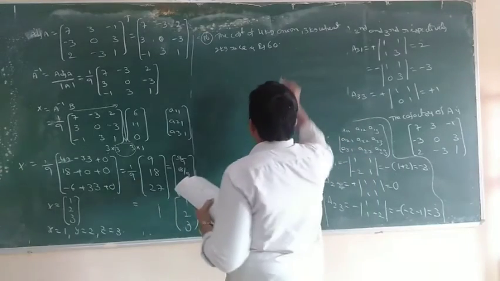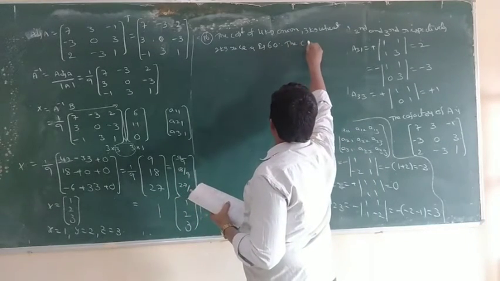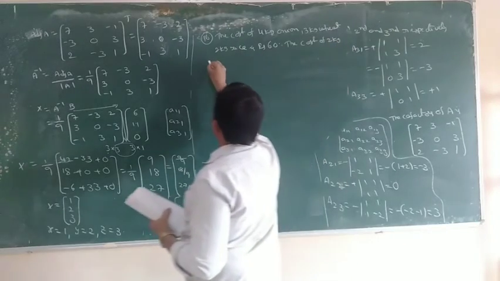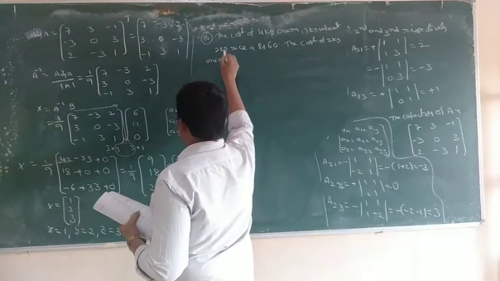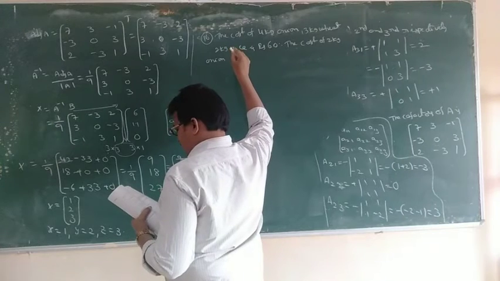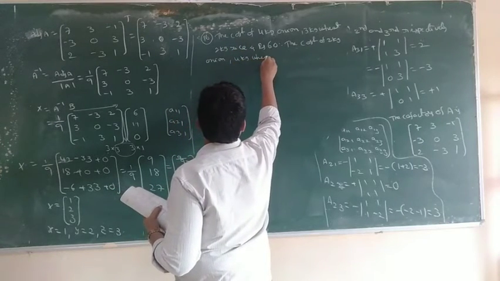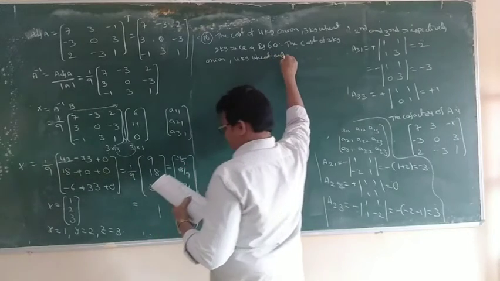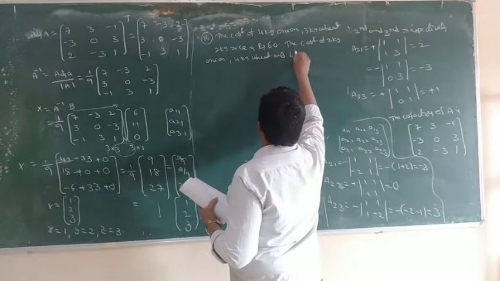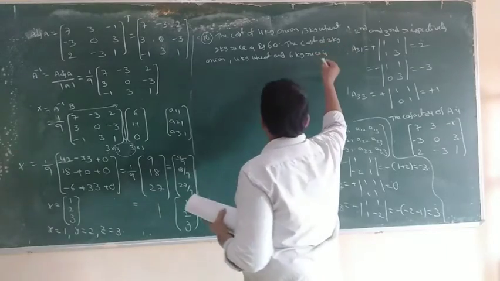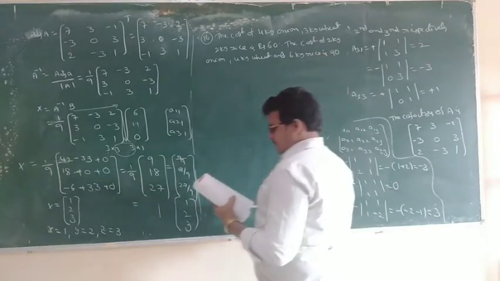The cost of 2 kg onion, 4 kg wheat and 6 kg rice is 90 rupees.